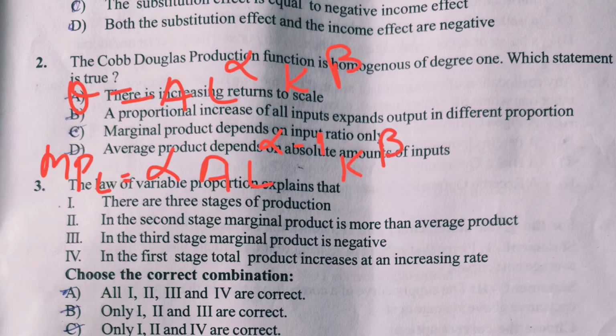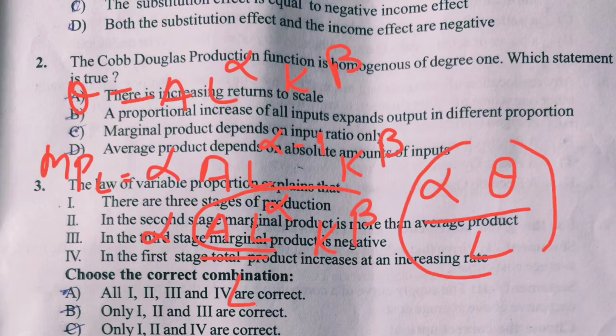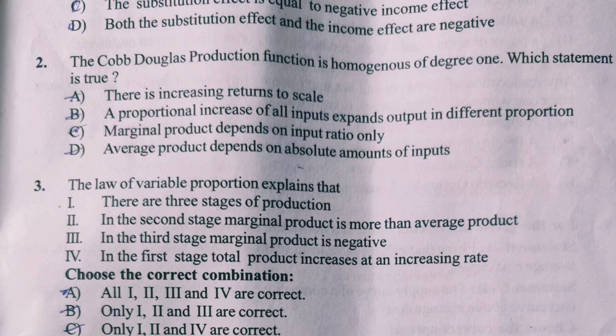If we solve it, we get alpha A L to the power alpha K to the power beta divided by L, and since this is our given production function, it is alpha times Q divided by L. So here we can see that marginal product depends on input ratio only. So option C should be correct.